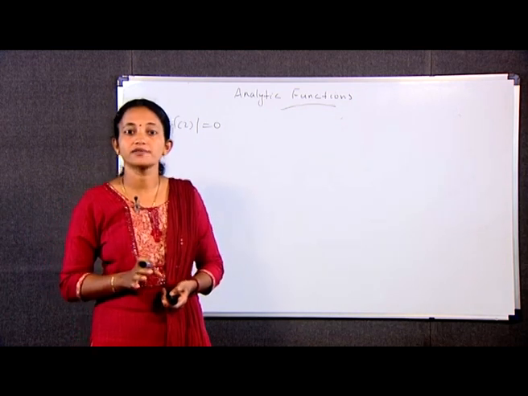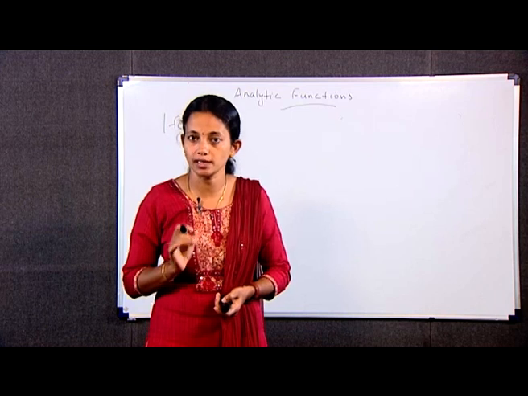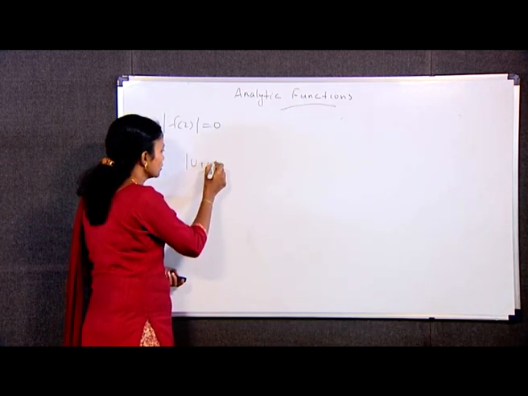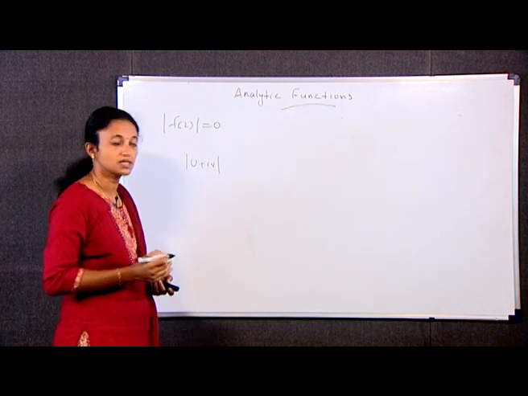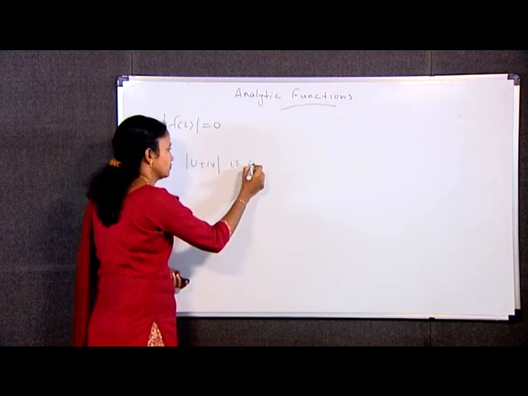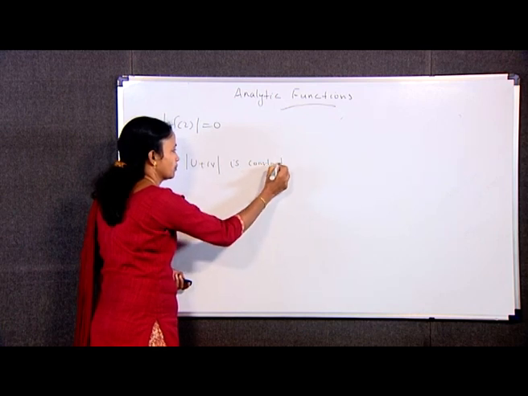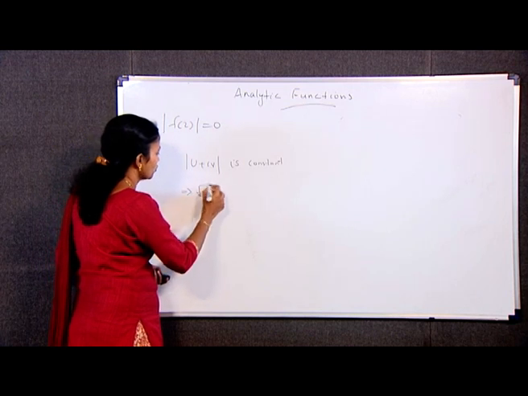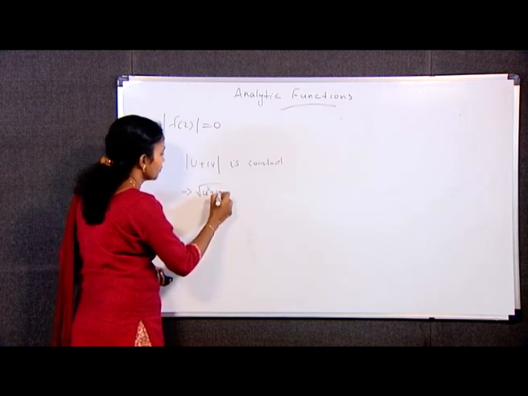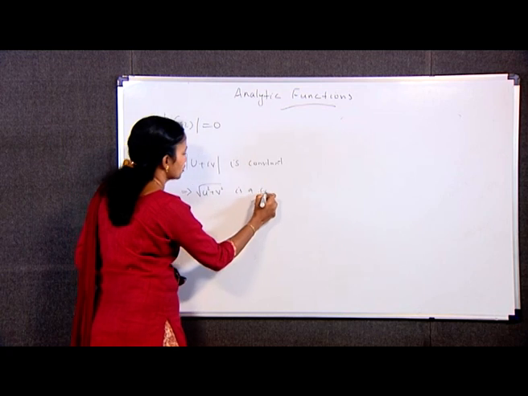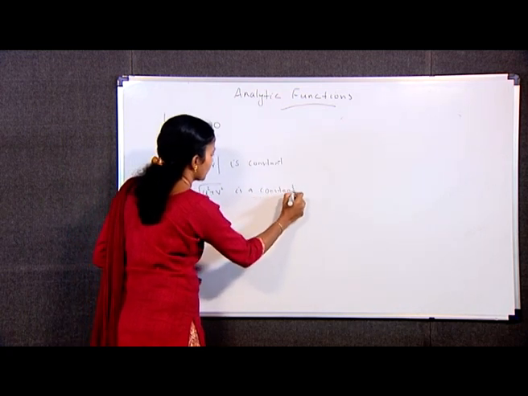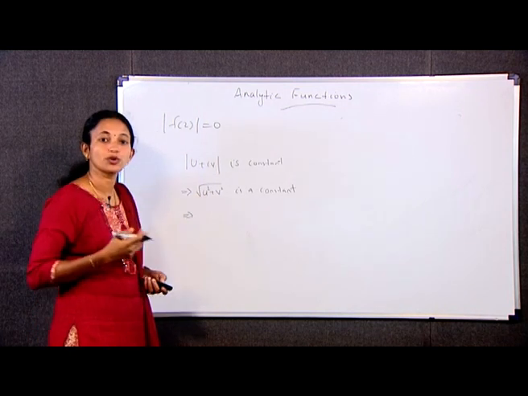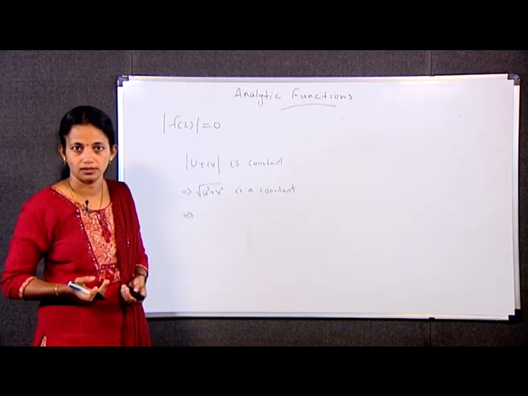That is, mod f(z) is a non-zero constant implies that mod u plus iv is a constant, which implies we can write square root of u square plus v square is a constant. That is, we can write u square plus v square is a constant.